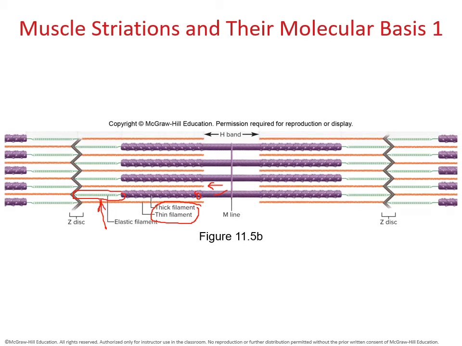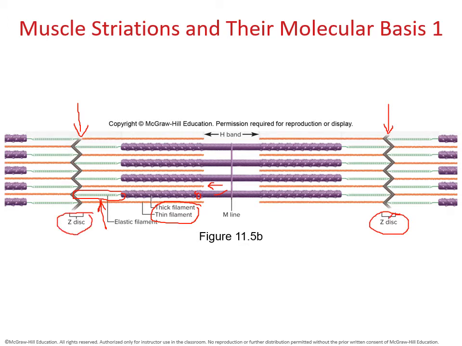And that, of course, is going to be stabilizing the thick filament in its proper place. Notice how the thick and the thin filaments are very uniform in their organization. So they're alternating their pattern. And then the other thing you want to notice is that they're anchored onto this little wall called a Z disc.